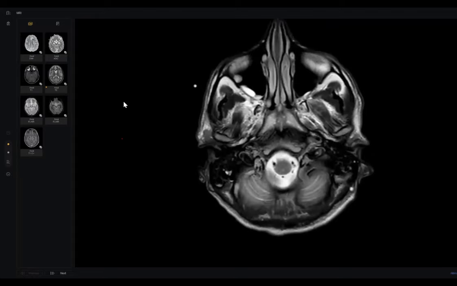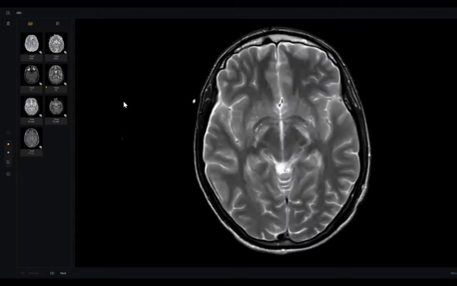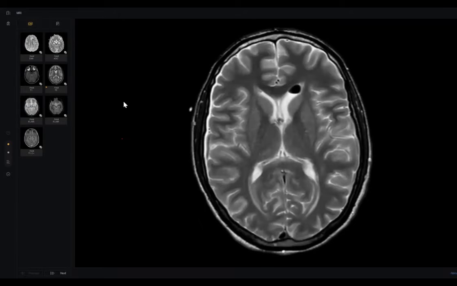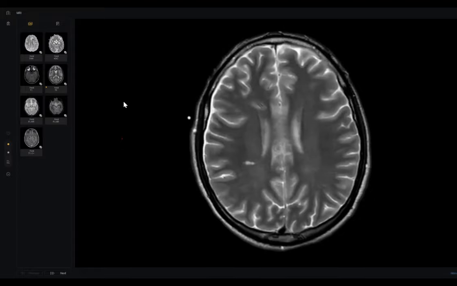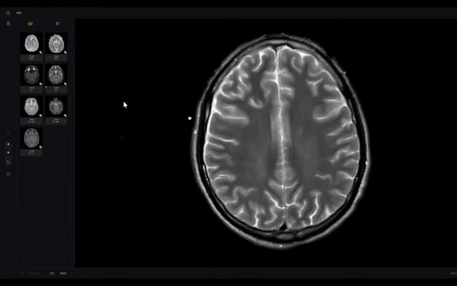There are two hypointense lesions, one within the ventricles. This could be air. Yes. What else? No focal lesion. What else?